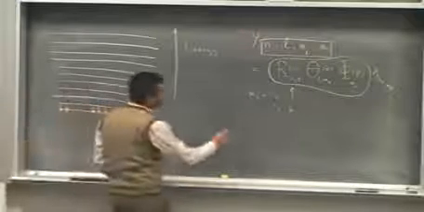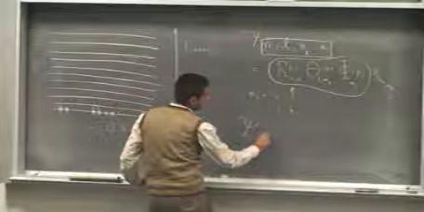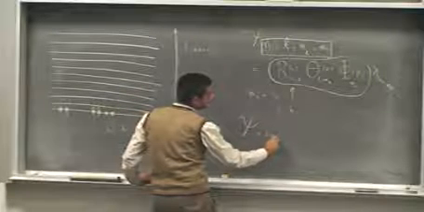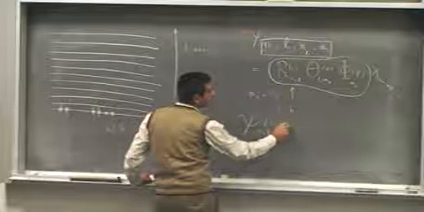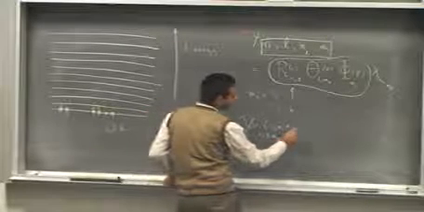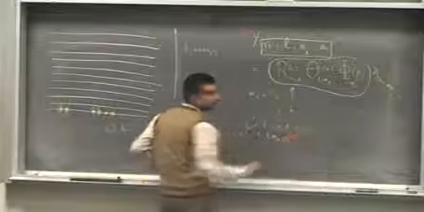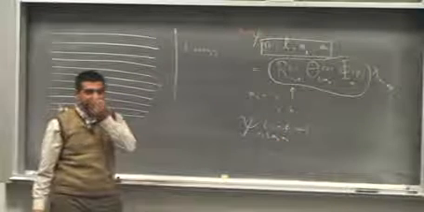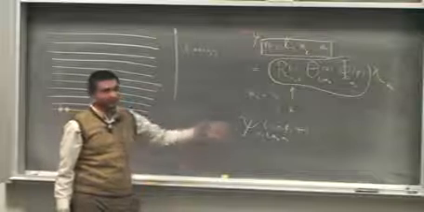Look, what is the wave function? The wave function, with n, l, ml, ms, depends on r, theta, phi and spin, right? The wave function depends upon these four variables.